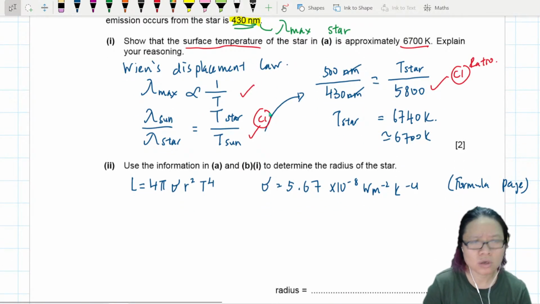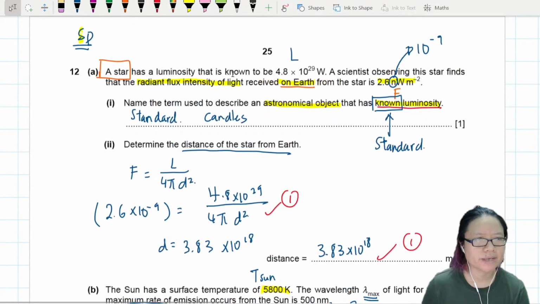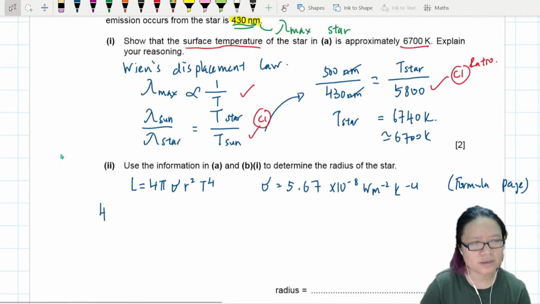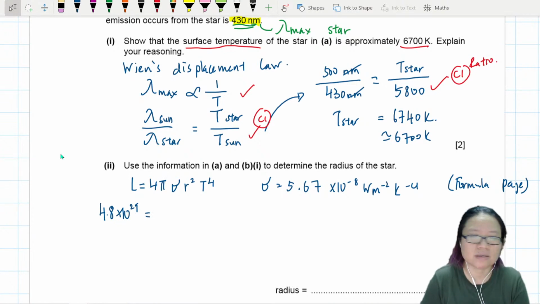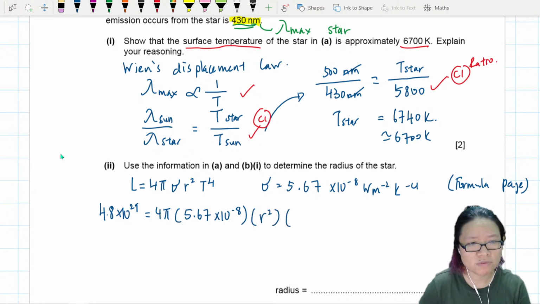Okay, let's substitute. Do we have L? The luminosity of the star is 4.8 times 10 to the power 29. This Stefan Boltzmann law is basically just saying the brighter the star, the hotter the star. Makes sense, I guess. Sigma is 5.67 times 10 to the power negative 8. R squared, we're looking for R. Temperature. Even if you can't prove it, please use back the value that is given to you.